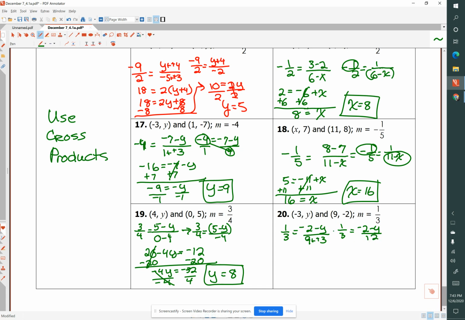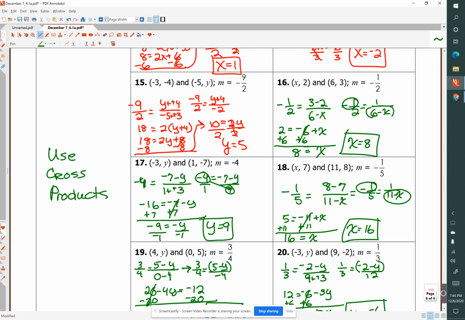And we use cross products. 12 times 1 is 12 equals 3 times negative 2 minus y, which is 3 times negative 2 is 6. 3 times negative y is negative 3y. So negative 6 minus 3y. And we'll add 6 to both sides. And 18 equals negative 3y. Divide both sides by negative 3, and y equals negative 6.